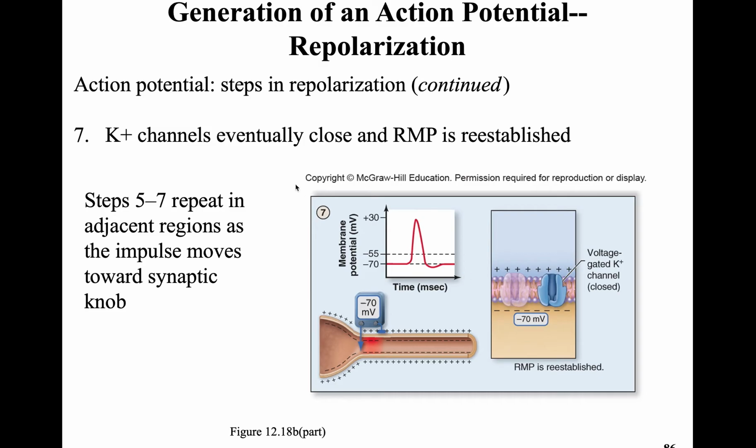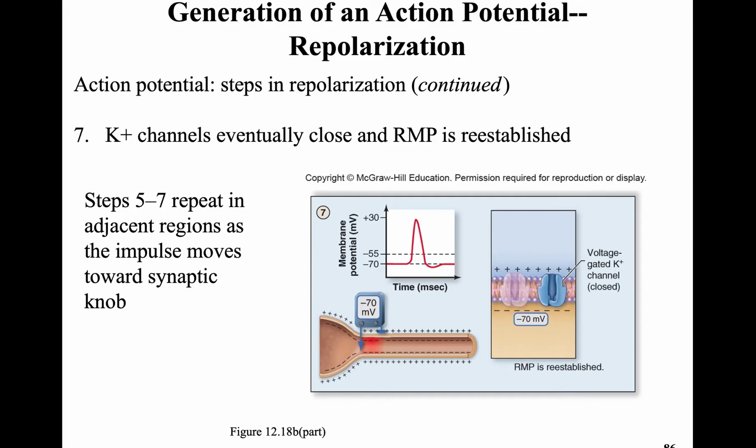Yes, it does say that the potassium channels close, but there's something else that the author has not mentioned here, but should be mentioned here. And that is this little rise back to rest was because of the sodium-potassium pump. Remember I mentioned earlier, who allows you to come back to resting membrane potential?